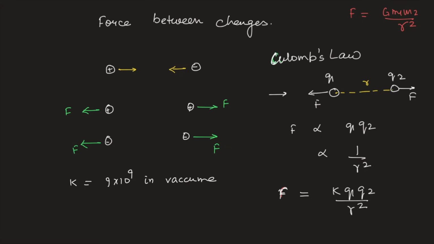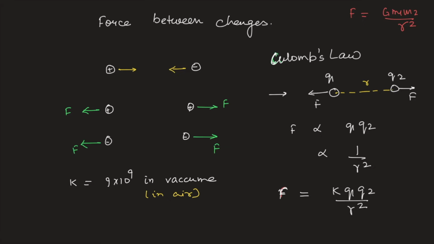In vacuum, and in thin air also works. So in air it also works most of the time. So k has a value of 9 into 10 to the power of 9 in vacuum. So this is a constant, just like the gravitational constant. This is also a type of a force constant.